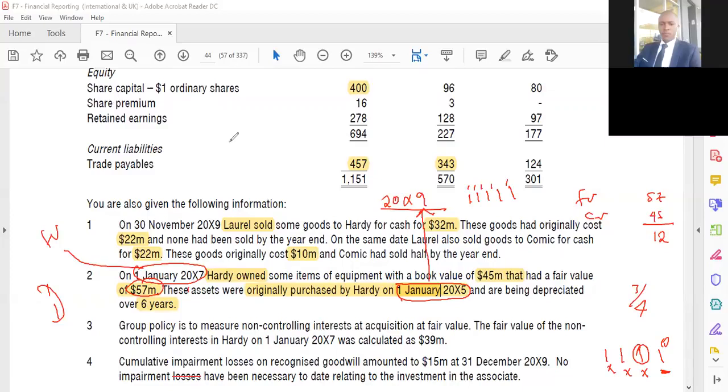We thought the value was 45,000, so we've been charging depreciation on 45,000. But 3 years ago the value increased from 45 to 57, so depreciation has been undercharged on this asset. We want the gain, the 12, to also suffer depreciation so that we report the true value of the asset.